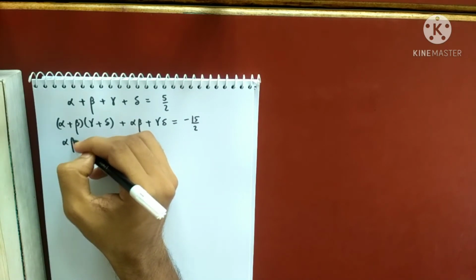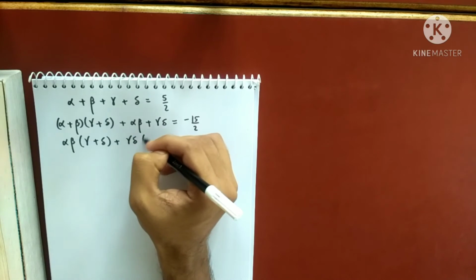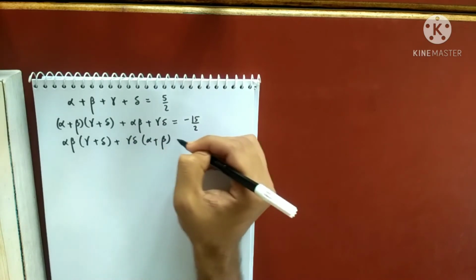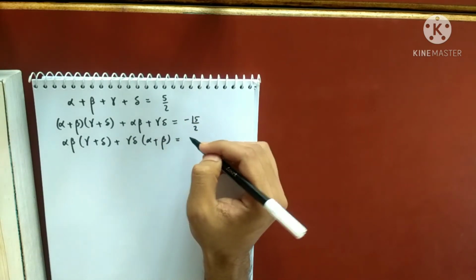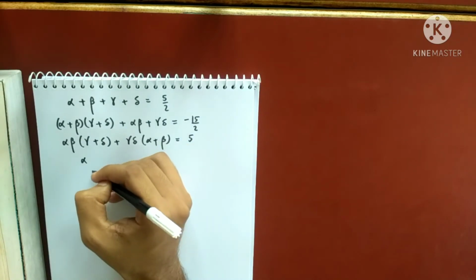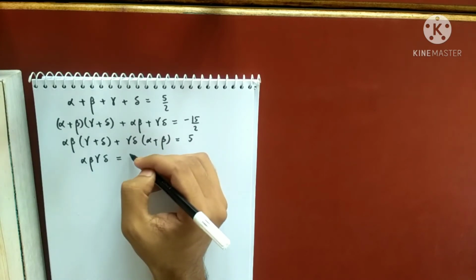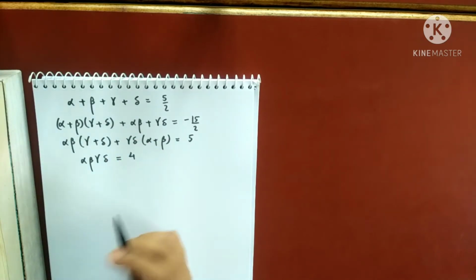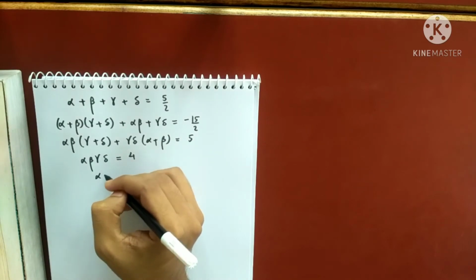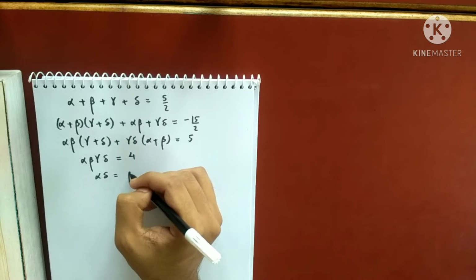Then alpha beta into gamma plus delta plus gamma delta into alpha plus beta. This is nothing but 5. And the last one was alpha beta gamma delta. This is nothing but 4. And since the roots are in GP, alpha delta equals beta gamma.